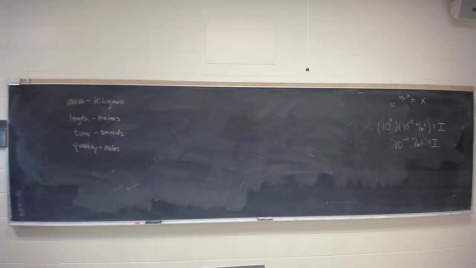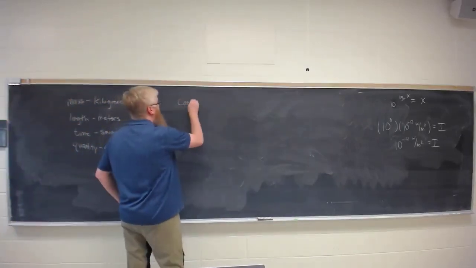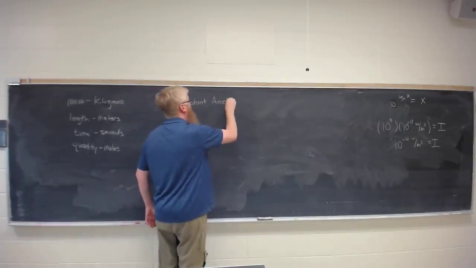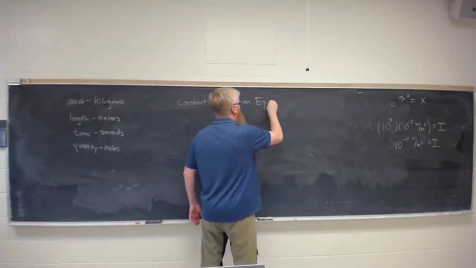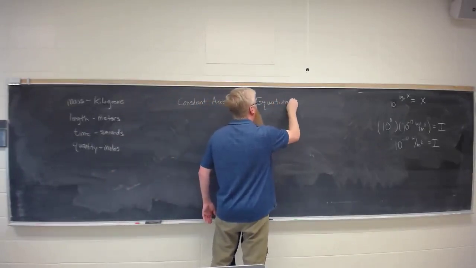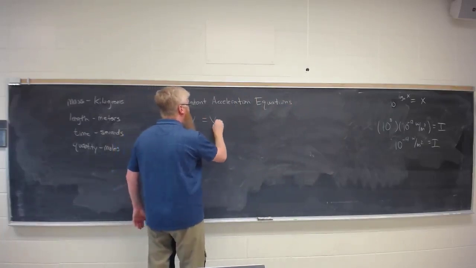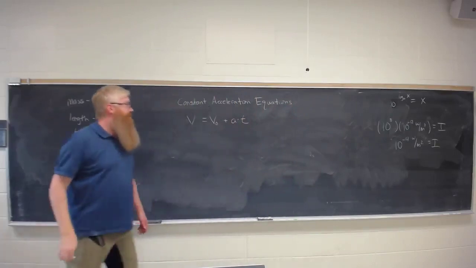Chapter 2 summarized in basically what are called the constant acceleration equations. There are 3 main ones, right? The velocity of an object is equal to the initial velocity of the object plus the acceleration of that object times time.